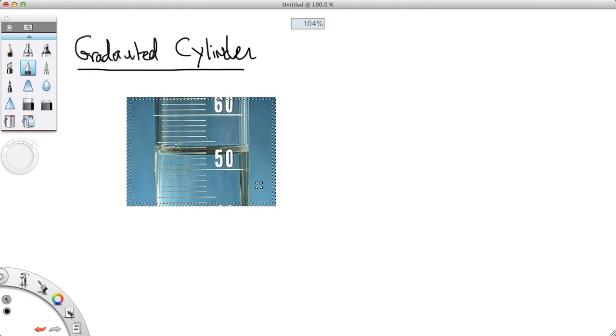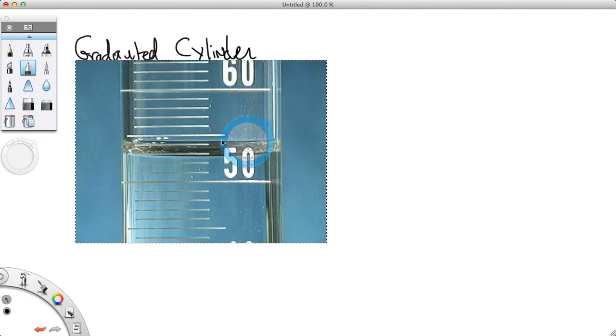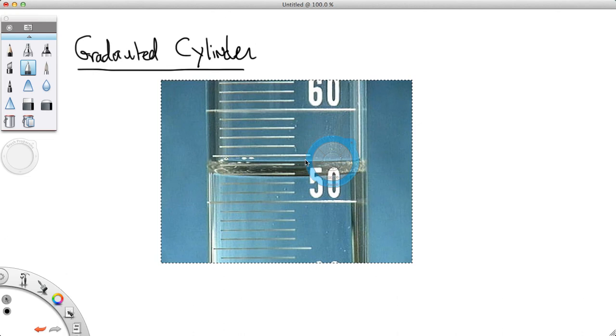Let me go ahead and make it bigger here. Okay, and I want you to take a look here. It's very important that you look at the liquid that's in this cylinder. There are 2 lines, and I'm going to go ahead and change colors to green. There's this top line of the liquid, and there's also the bottom line of this liquid.